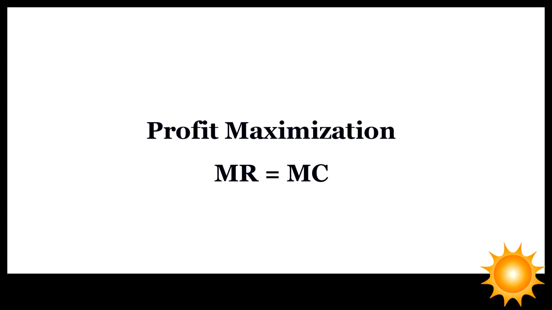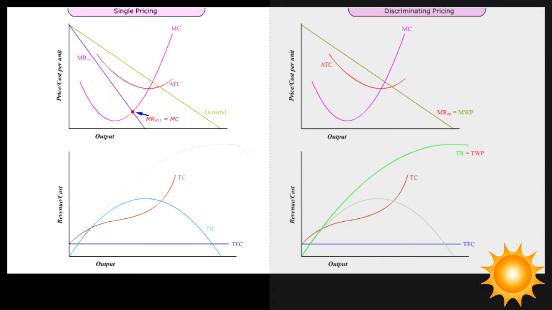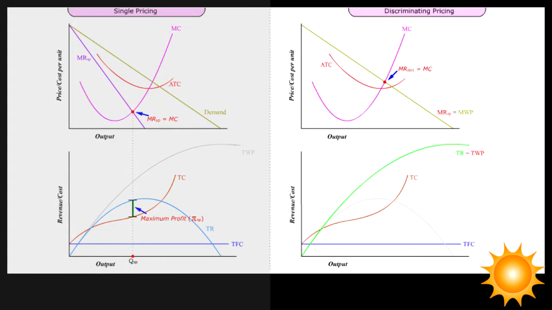Regardless of how pricing is done, profit is maximized when marginal revenue, MR, from selling the product is equal to marginal cost, MC, of producing it. Under single pricing, profit is maximized where MR_SP is equal to MC. Under discriminating pricing, profit is maximized where MR_DP is equal to MC.